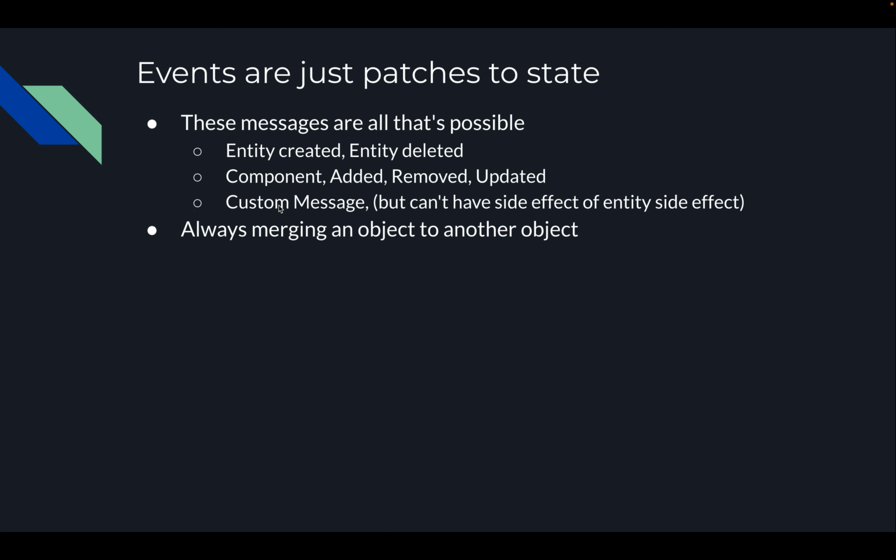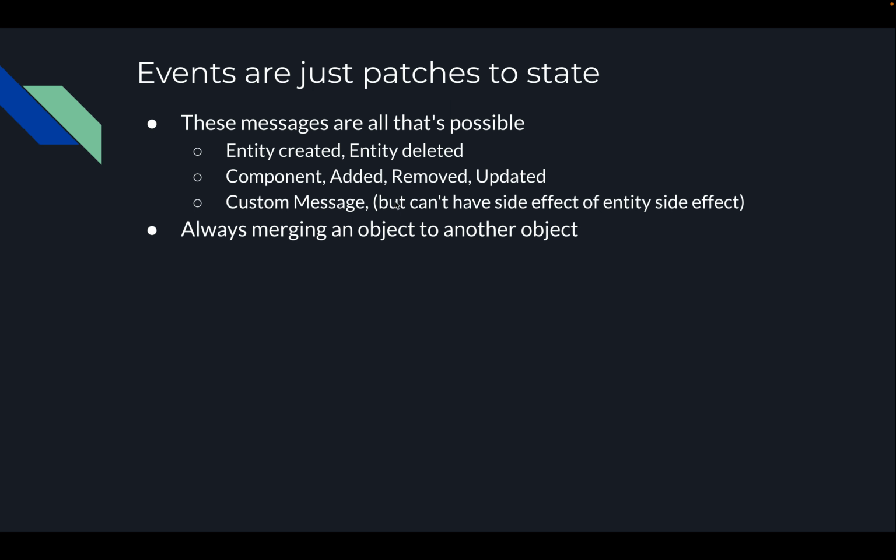Maybe you can send a message to the other clients that you want to have some effect, but doesn't actually change the state of the world. So we're not going to create a new entity or modify anything, because if you could, then you would just send one of these messages. And sometimes maybe it's not worth it to do it.